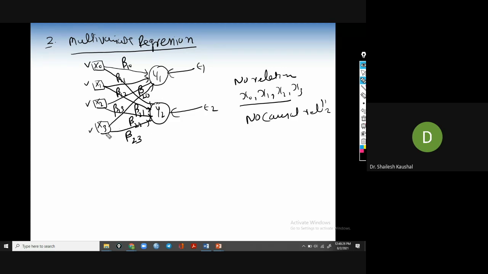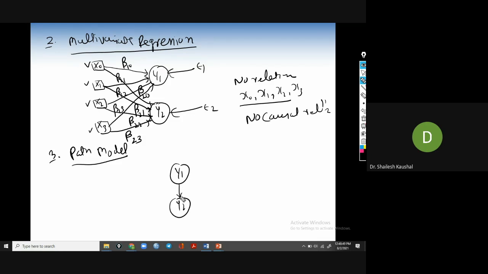Now, what is a path model? The third thing is the path model. When we find the relationship among the independent variables and the dependent variables, then it becomes the path model. So I am taking only two variables, y1 and y2.